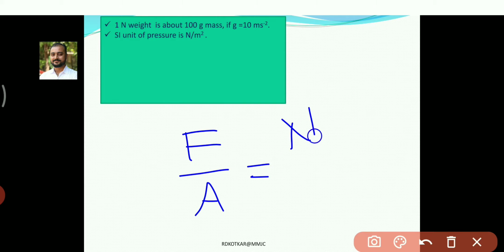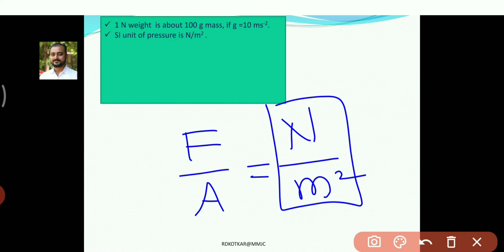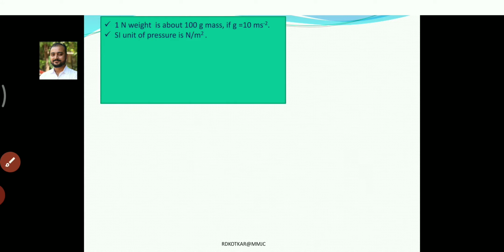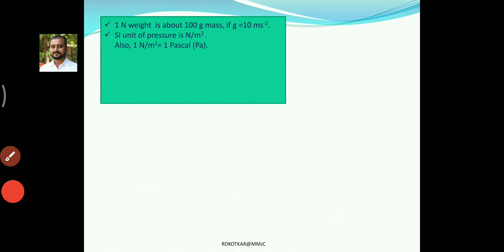Force is measured in Newton and area is measured in meter square, so in this manner its SI unit is Newton per meter square. Also 1 Newton per meter square is equal to 1 Pascal, having the symbol Pa. The Pascal is named in memory of the scientist Pascal.